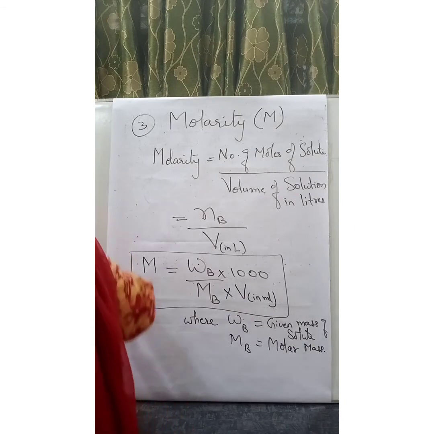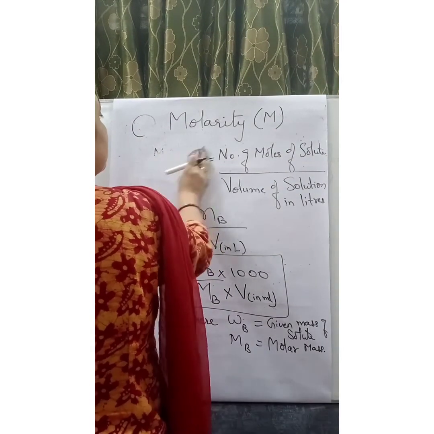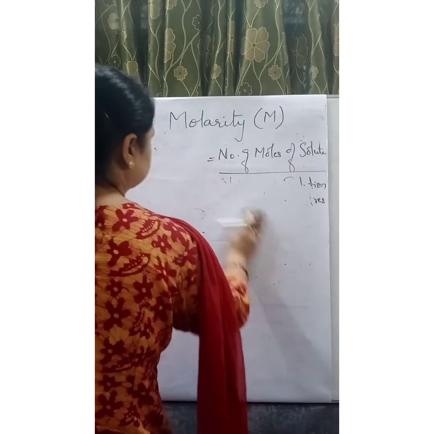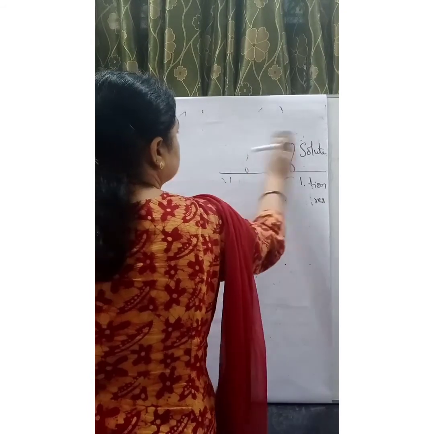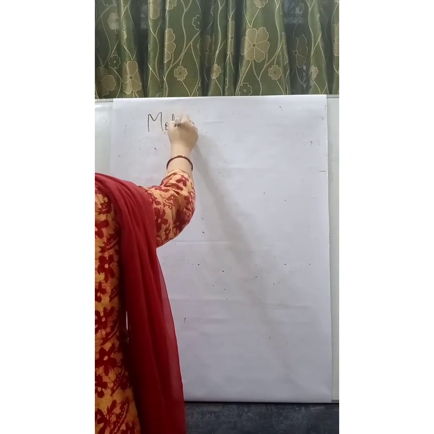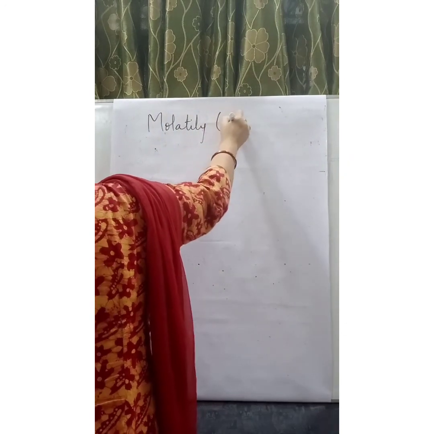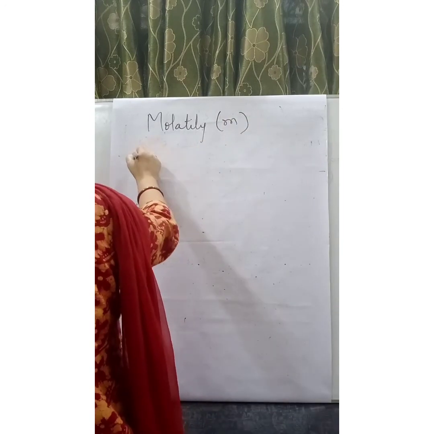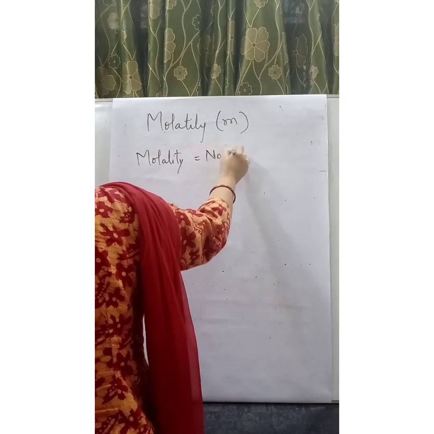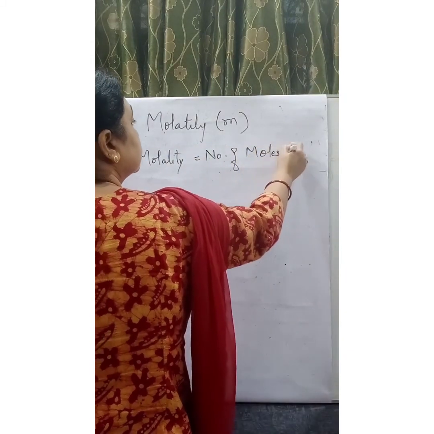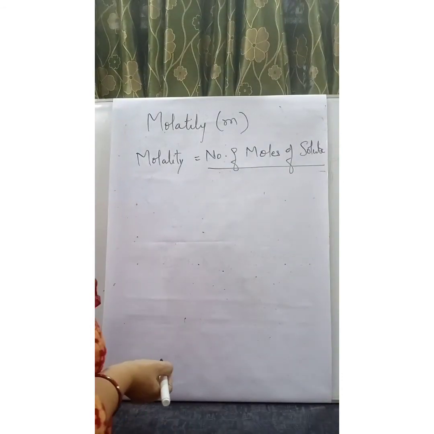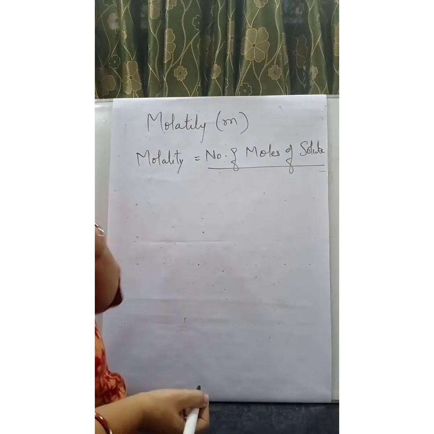Fourth one is molality, which is denoted by small m. Molality is defined as number of moles of solute dissolved in 1 kg of solvent.